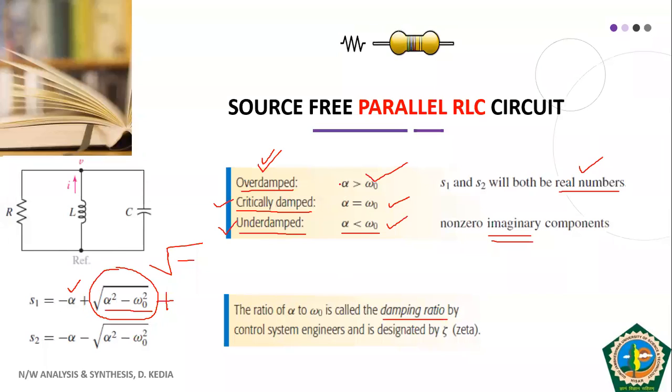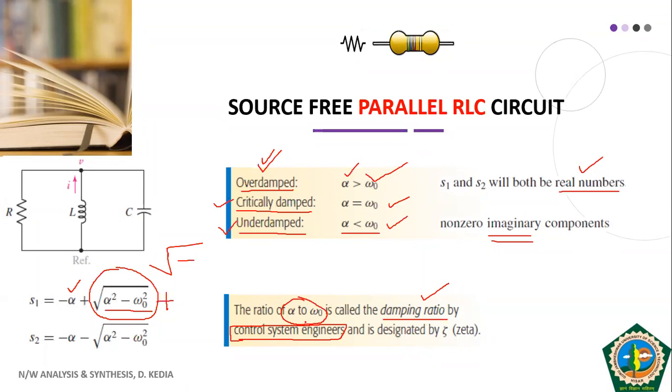Another term that we need to know about is the damping ratio. We have two parameters, alpha and omega naught. Their ratio, alpha to omega naught, is known as the damping ratio. Dear students, control system engineers will very frequently come across the terms damping ratio, overdamped, critically damped, and underdamped. You will have a control system subject in your future semesters.